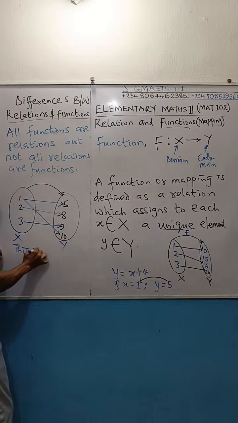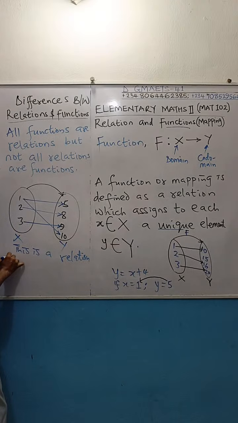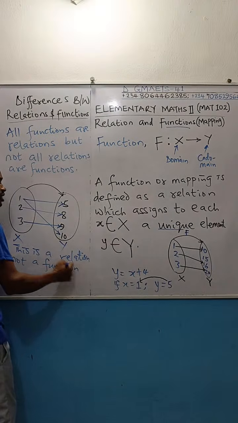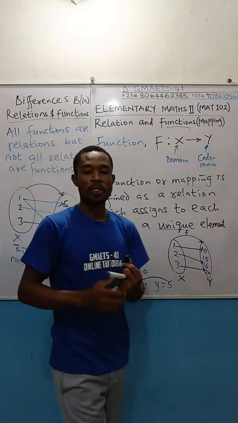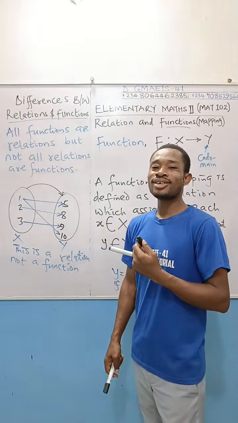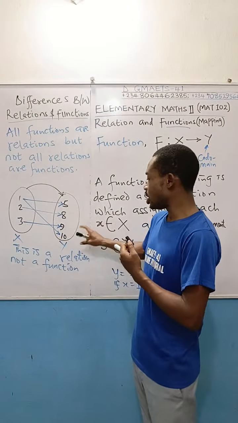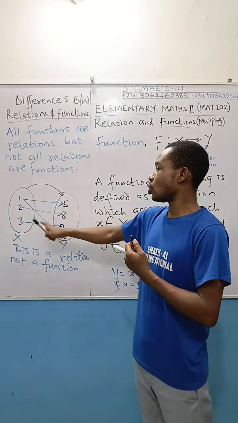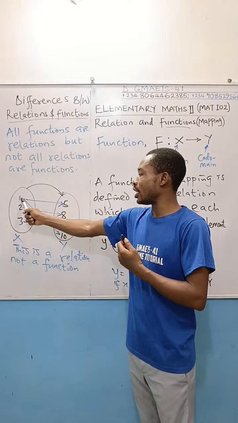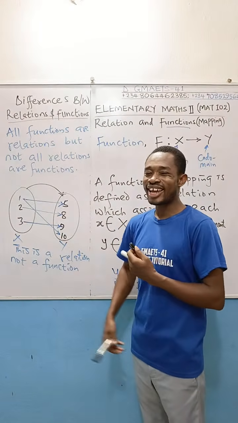This is a relation, not a function. Now one might ask, why is this not a function? It is not a function because you cannot assign different elements in the codomain to a single element in the domain. It is not possible. If you look, 1 was assigned 5, that same 1 was assigned 10.